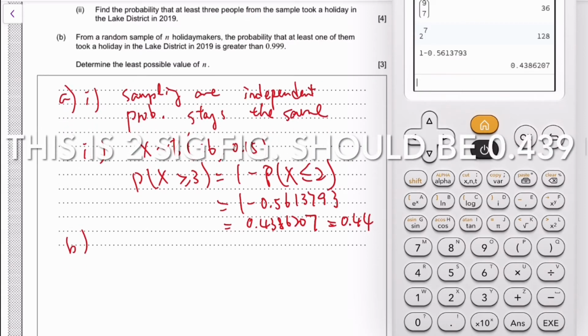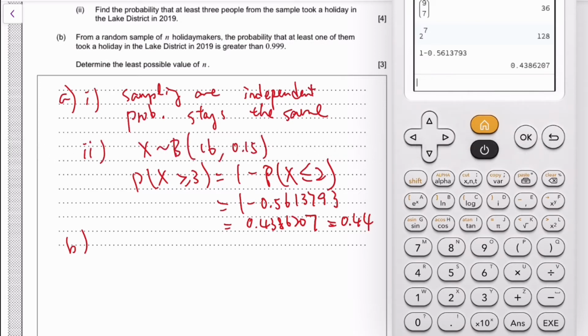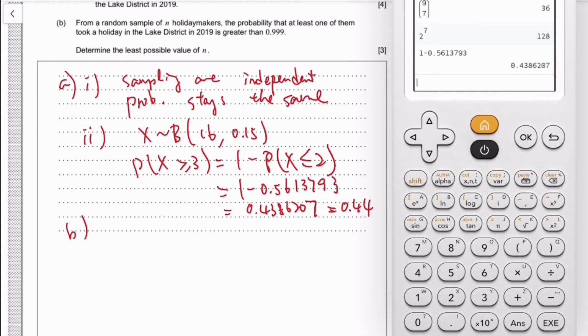Random sample of n, the probability that at least one of them wants to be greater than 0.999. Okay. Fine. So it's like we have a new binomial distribution where the number of trials is n, success probability is still the same.